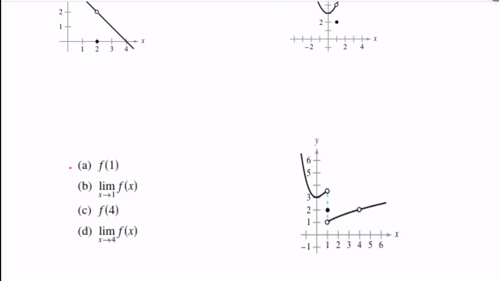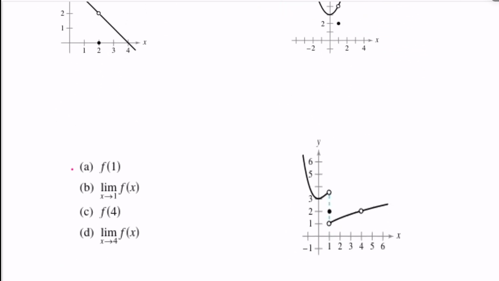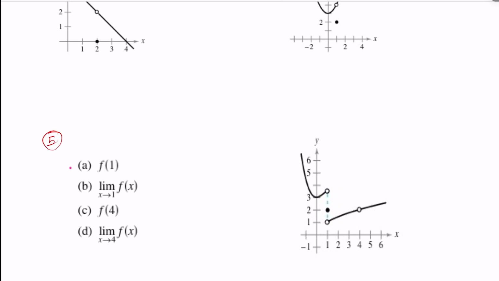So the next example we have is example number 5. In example 5, we want to find the following values from this particular graph. So again, if you look at this, we want to find first of all f of 1.